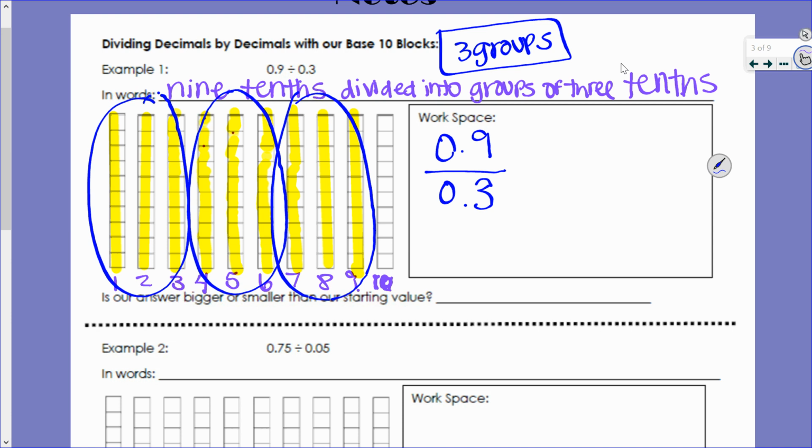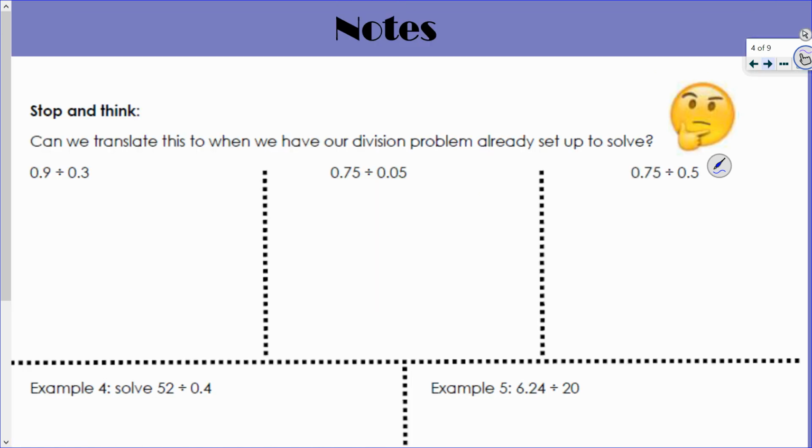If I were going to write this with a dividend and a divisor, maybe on the next page of my notes, right here where it says stop and think, I have 0.9 and 0.3.